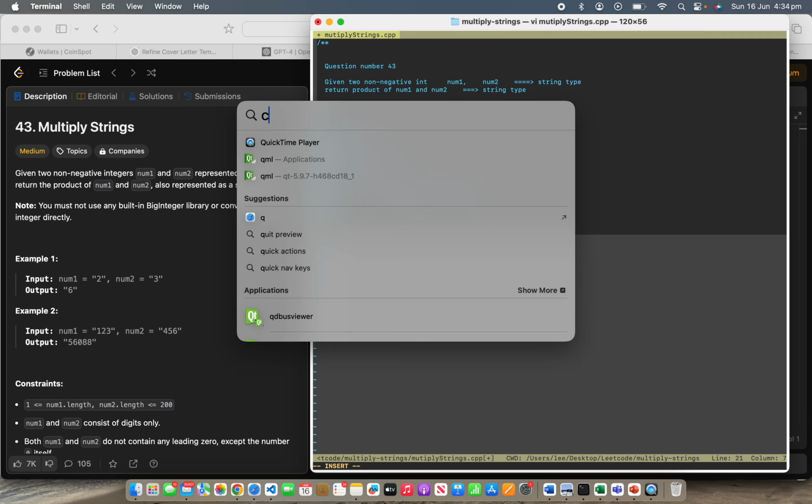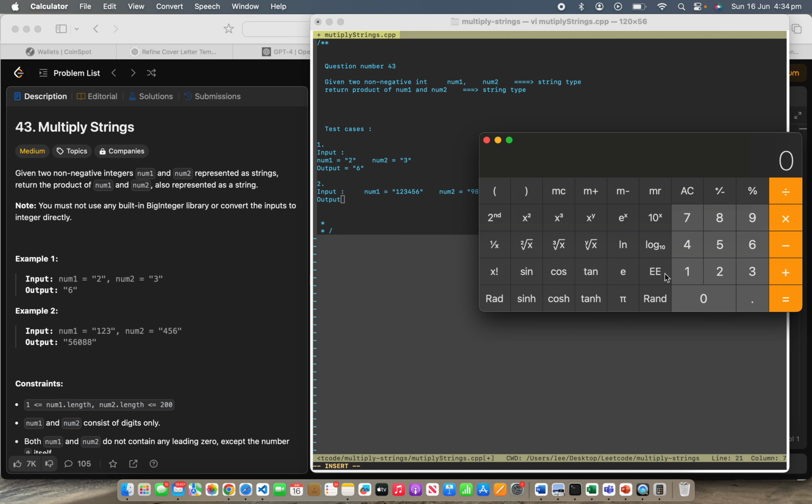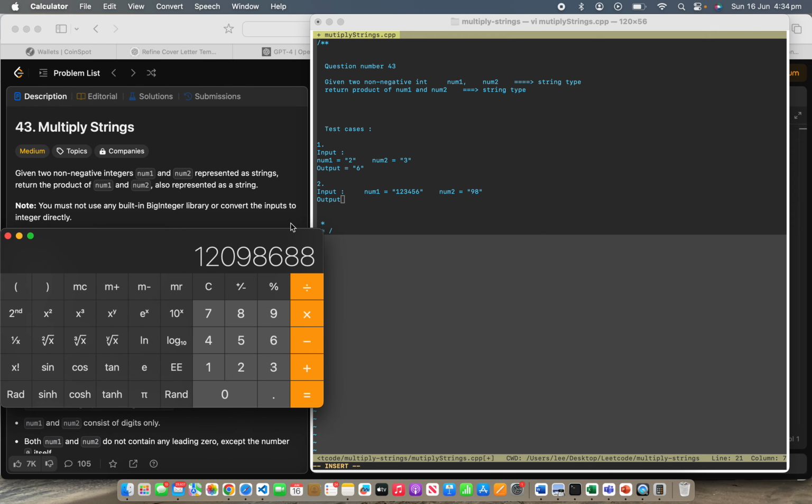I don't know the output, so we open the calculator. 123456 times 98. So the output should also be a string, 12098688.